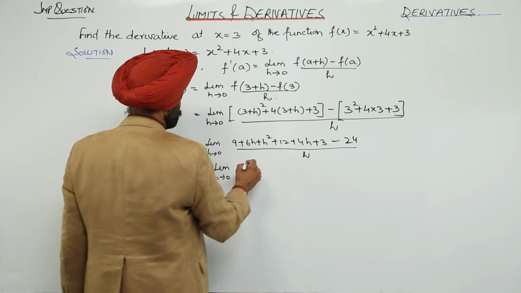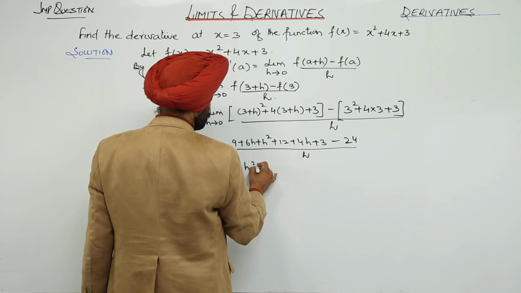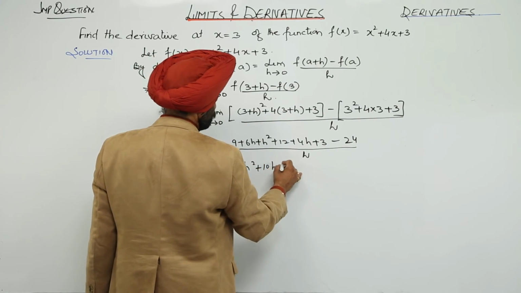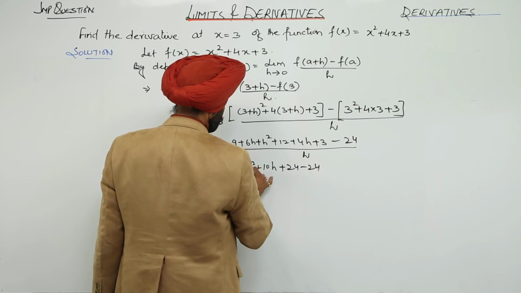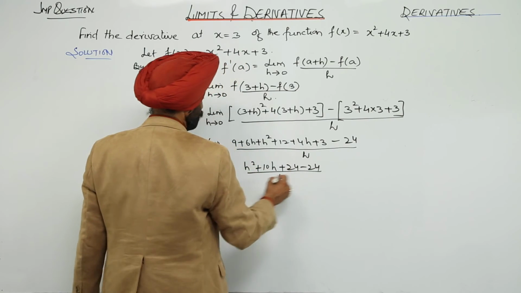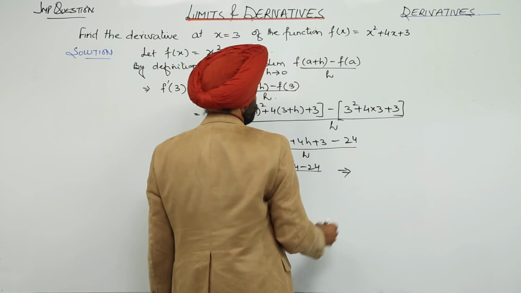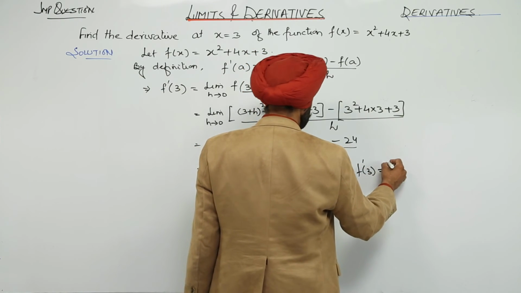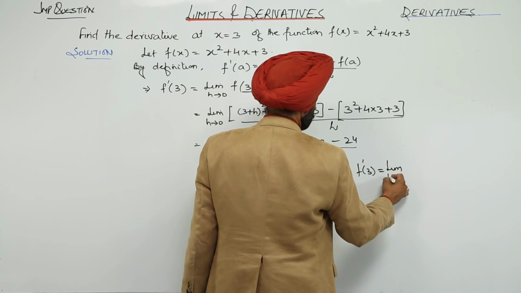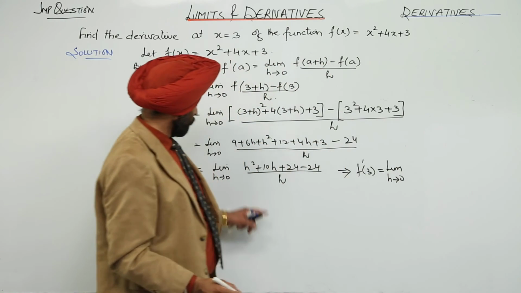Limit h approaches to 0. Now, this becomes h square plus 10h plus 24 minus 24 upon h. This is equal to, now f derivative 3 is equal to limit h approaches to 0.